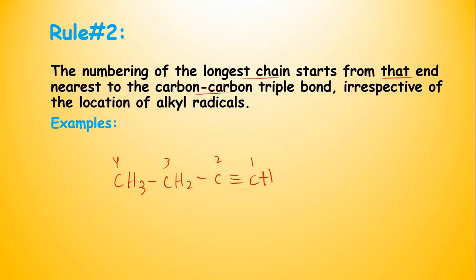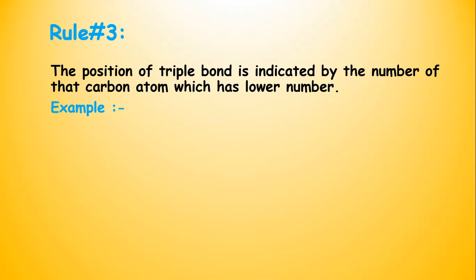Now the next rule, rule number 3: the position of the triple bond is indicated by the number of the carbon atom to which it is attached. So we have to mention the position of the carbon-carbon triple bond as well. Now look here, I am showing you 2 examples.